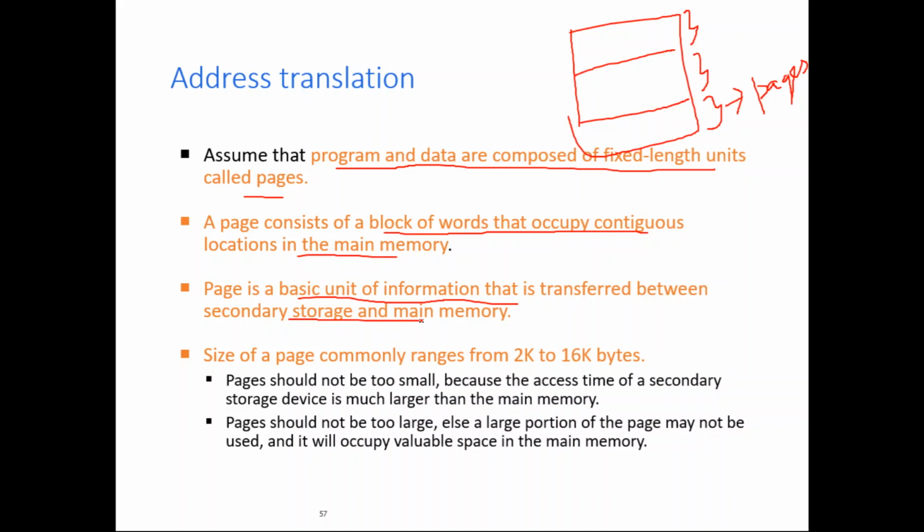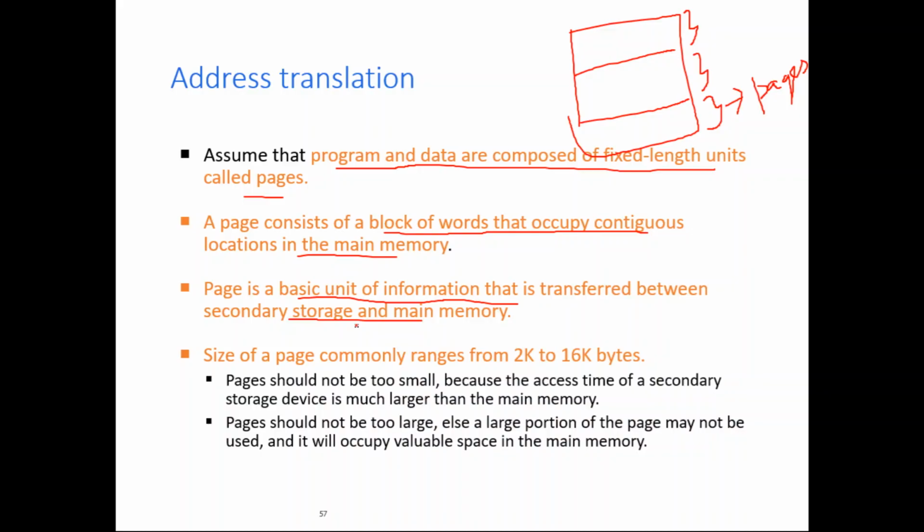So here we say everything in terms of pages, like how in cache we discussed everything in terms of blocks, in cache memory and main memory. But for virtual memory, the program is divided into pages, and in the main memory also, everything will be loaded as pages.